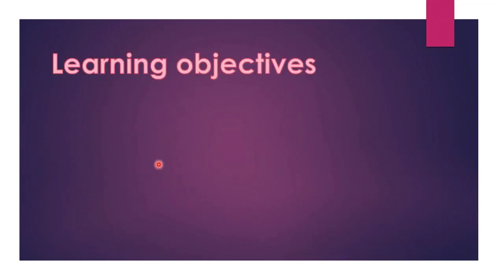Now, with respect to the learning objectives of the carotid triangle, in today's class we will be learning about the boundaries of the carotid triangle, followed by the list of contents of the carotid triangle, and then about the carotid sheath and the Ansa Cervicalis.